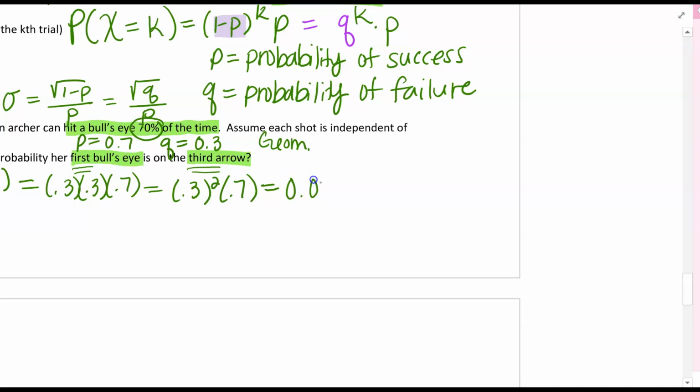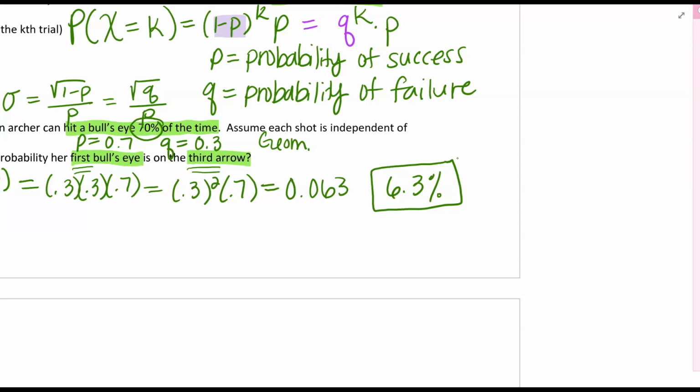That's 0.063. Okay, thank you very much. So this is about 6.3%. So that's just typing it out straight into the calculator, 0.3 squared times 0.7.